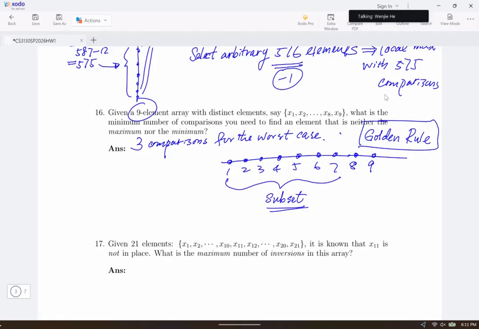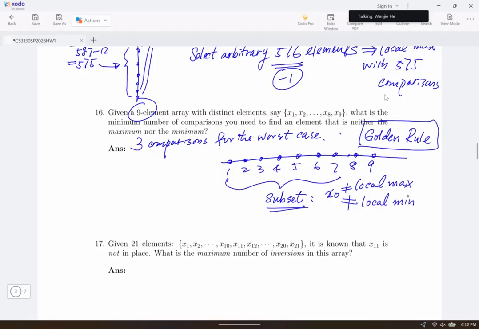If we can find a solution in this subset, that means there is some element, let's say x0, not a local max and not a local minimum, because in the subset, its maximum and minimum can only be local max and local minimum.